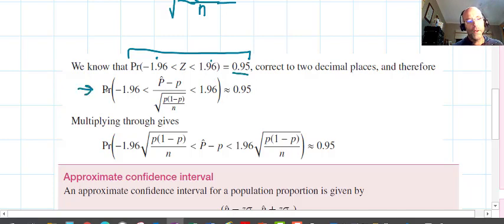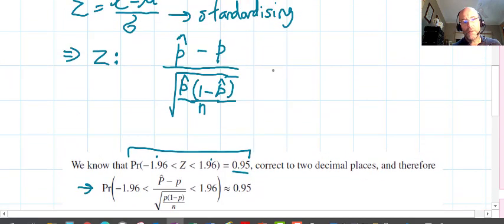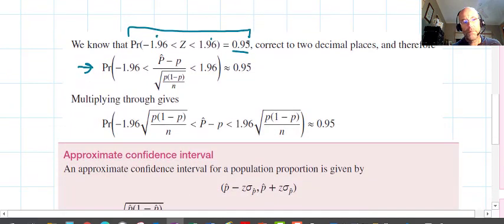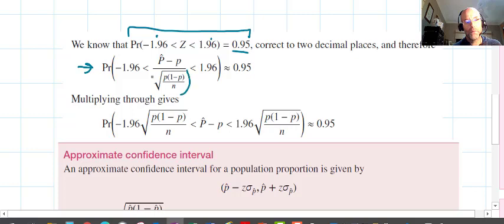Writing that with the expression we just devised above, the standard normality of that thing, and then multiplying through by this same thing that we just referred to, it means there'll be 1 on the denominator, and we'll have p hat take p.